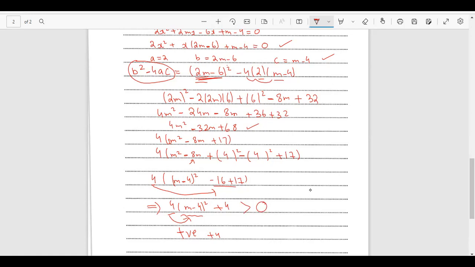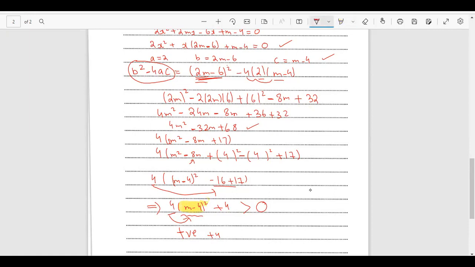Okay. So by applying the completing square method, I got this thing that whatever value of m I would have, it could be 0, it could be positive, it could be negative. That does not matter. Square of any number would make it positive. Okay, so m minus 4 whole square was making it positive.